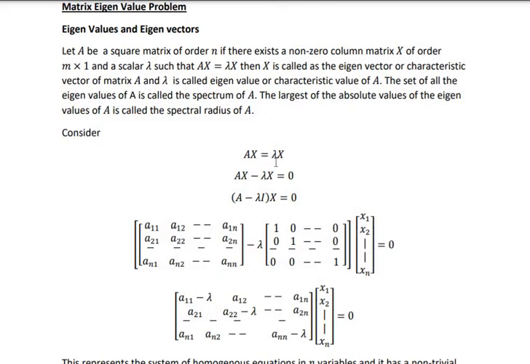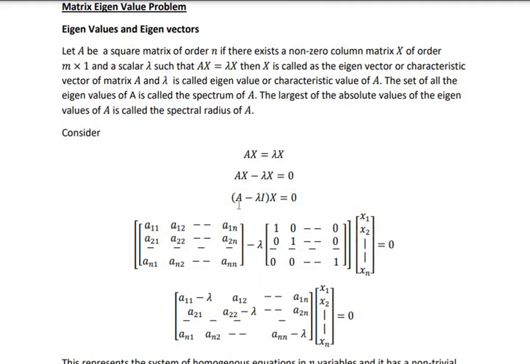Consider AX is equal to lambda X, then we can write it as AX minus lambda X is equal to 0. So that is again (A minus lambda I) times X is equal to 0.